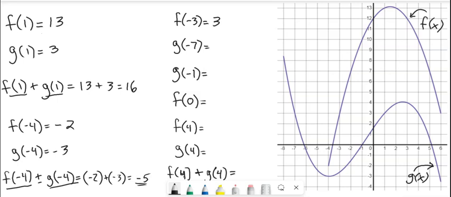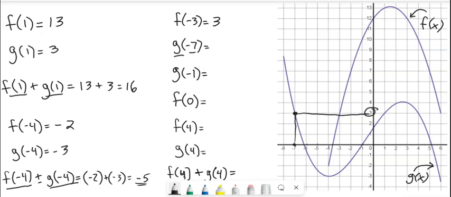We can do the same thing now with g of negative 7. Here's negative 1, negative 2, negative 3, negative 4, negative 5, negative 6, negative 7. Here's negative 7, and we want to go to the g curve. We go up to the g curve, and that's where it hits. If we go over, that's also 3.